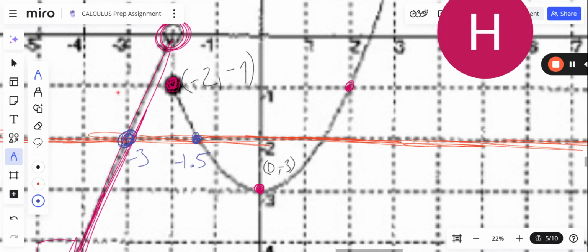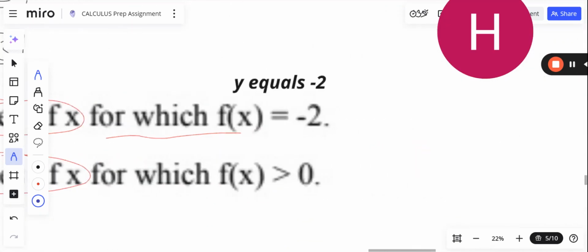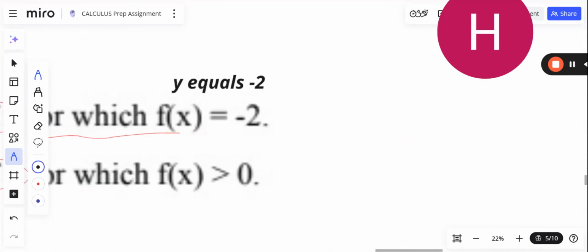And we're going to get one on the other side, which is at approximately positive 1.5. Does it seem like it's a little bit less than 1.5? Yeah, it does seem like that, but 1.5 is fine. So those are our x values. We're going to have x equals -3, -1.5, and positive 1.5. Okay, good.